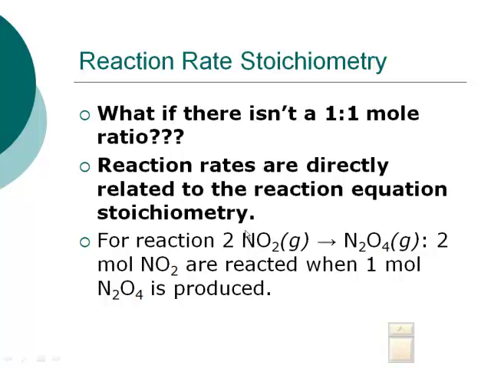When it hits itself just right, in other words, if the molecules hit each other perfectly, it can make dinitrogen tetroxide. So it says reaction rates are directly related to the reaction equation stoichiometry. So here's our reaction. It says that 2 moles NO2 are reacted when 1 mole N2O4 is produced.